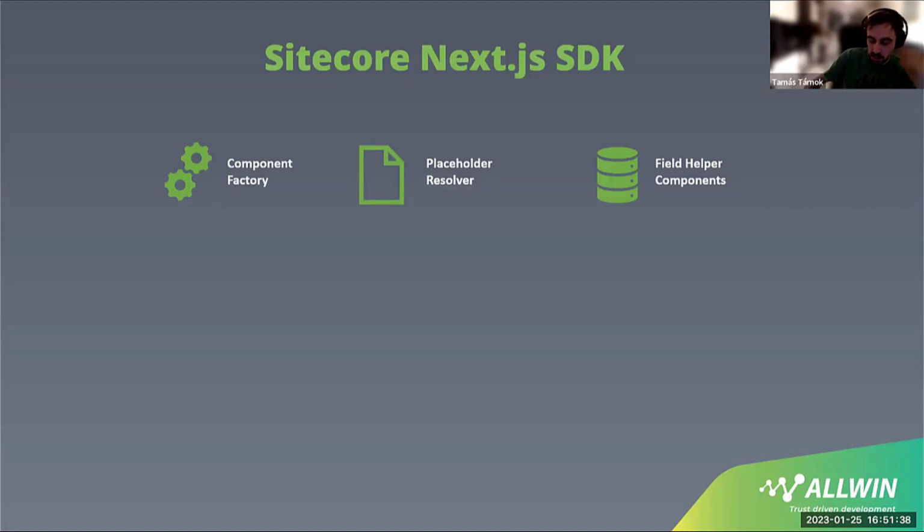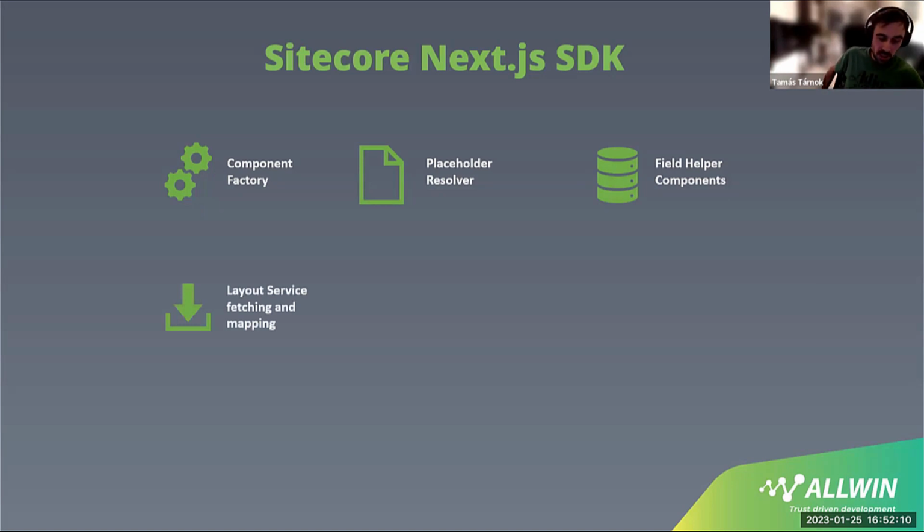For example, if we have a link in Sitecore which has a description and the link to go, that can be edited in Sitecore, and those attributes can be automatically resolved by the field helper component. Using the field helper component also supports Experience Editor, so I also advise using it.